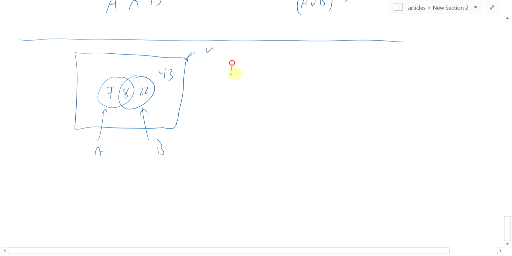So, how many things are in A? Well, 15, right? Because the circle A consists of 2 parts, this part and this part. So 8 plus 7 is 15. How many things are in B? Well, 22 plus 8. 30 things are in B. Right? Because B consists of 2 parts.